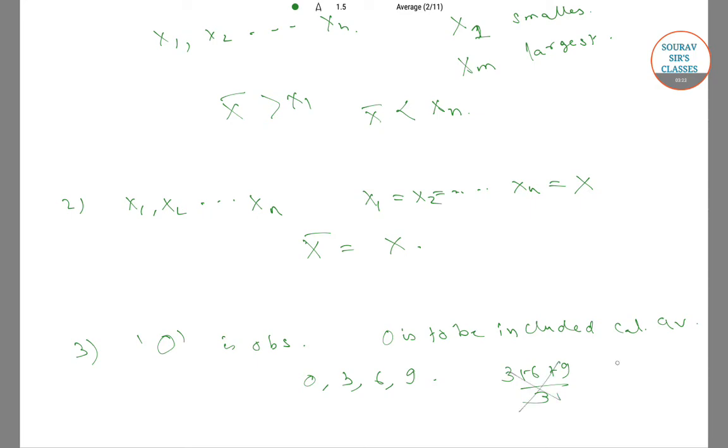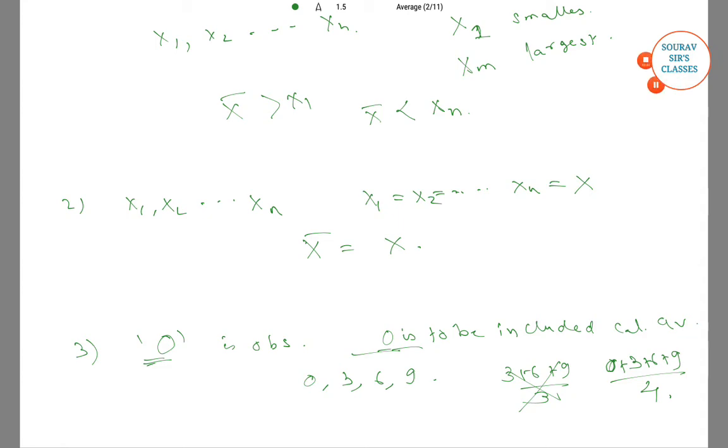The correct average would be 0 plus 3 plus 6 plus 9 divided by 4, as 0 is also one of the observations.